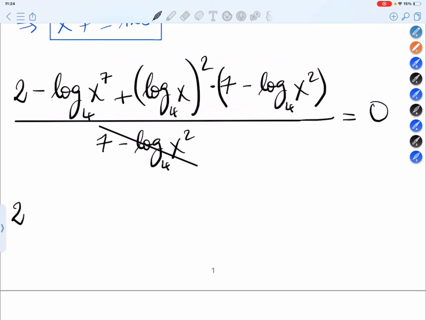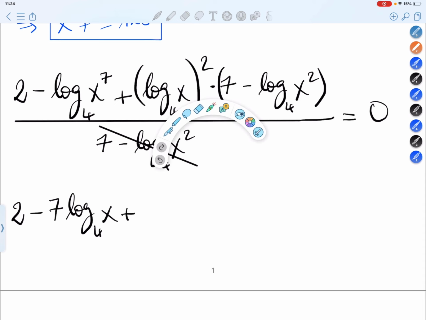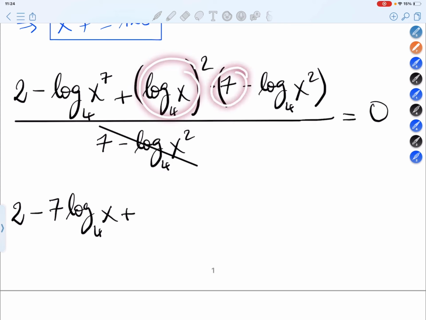So we're gonna have 2 minus log, we can use the power rule to bring the 7 down, so minus 7 log base 4 of x, then plus, here we expand, so we're gonna multiply this one by 7, then this by this, right?